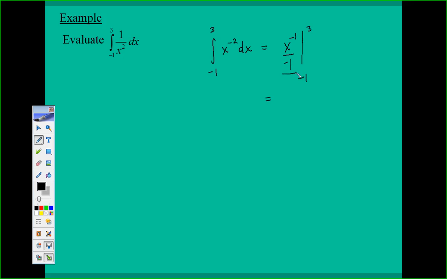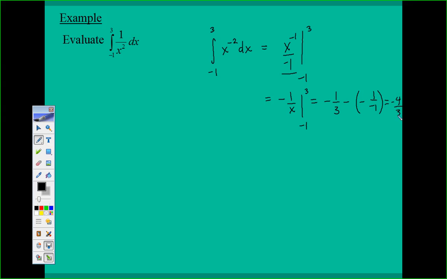Now if we rewrote this, this is just negative 1 over x. We're evaluating from negative 1 to 3, and we could say we get negative 1/3 minus a negative 1 all over negative 1. And so we could say, well, we're just going to get negative 1/3 minus 1 is negative 4/3.